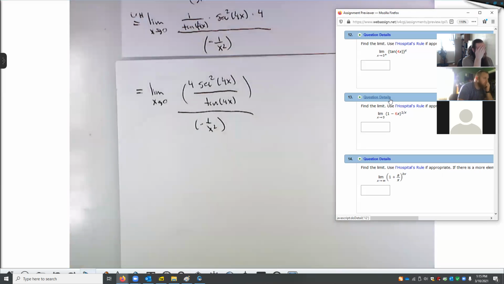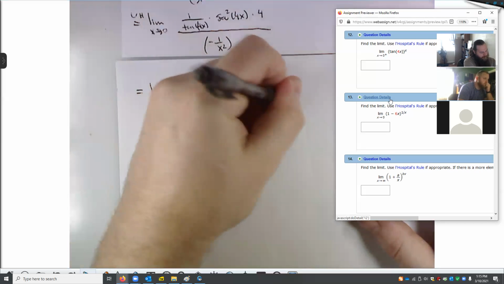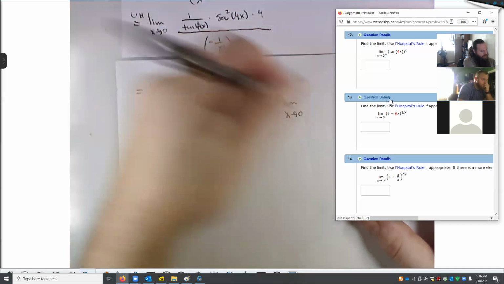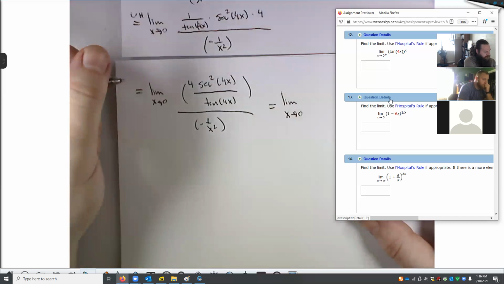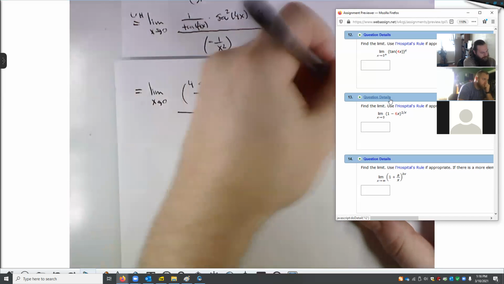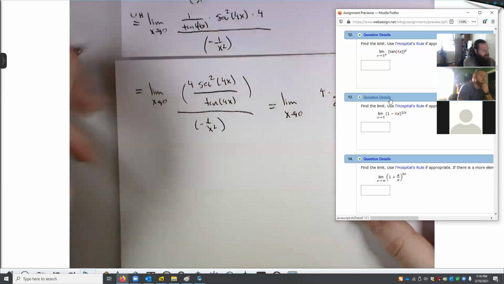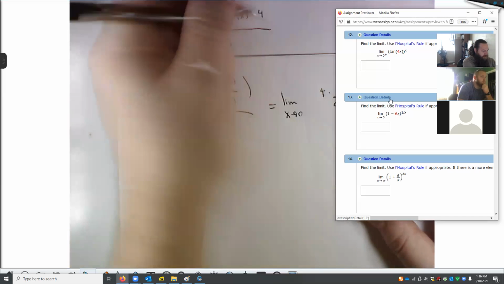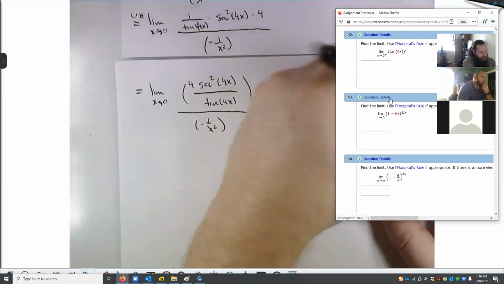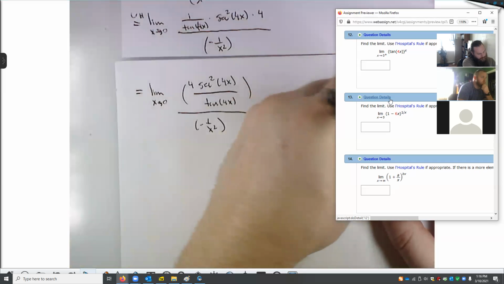And the secant squared of 4x over tangent of 4x, there might be some cancellation we can do there, right? Secant squared of 4x, so this is going to be nasty, isn't it? This is 4 times 1 over cos squared 4x times cos 4x over sine 4x, because we're dividing by the tangent. And then downstairs here, I have -1/x².